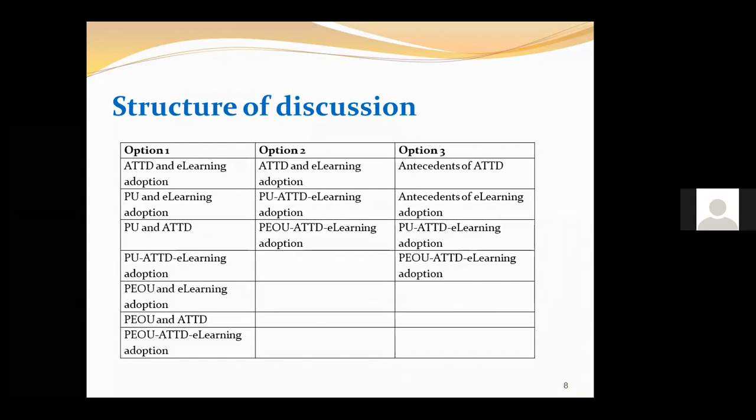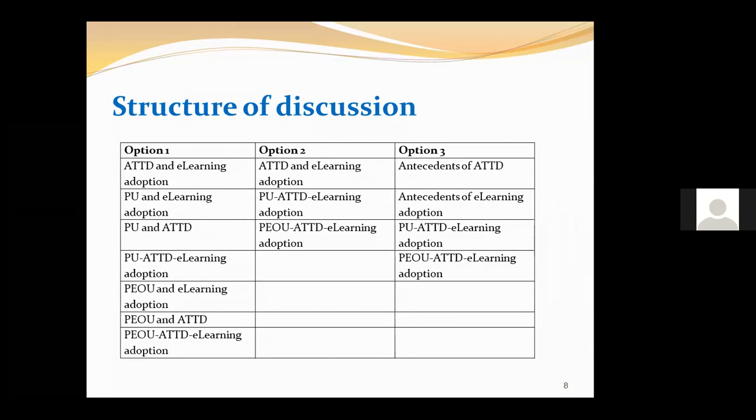You integrate them. You'll start with first discussing the relationship between attitudes and e-learning adoption. Then you go and tackle the first IV and anything to do with that IV. Then you go to the next IV and anything to do with that IV. That is option number two.